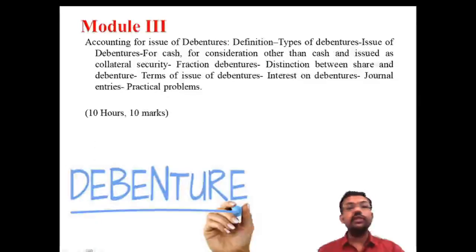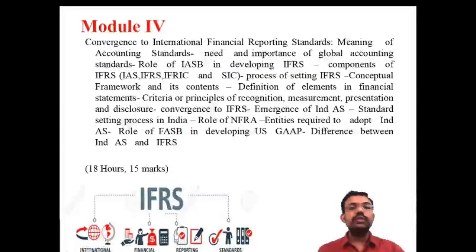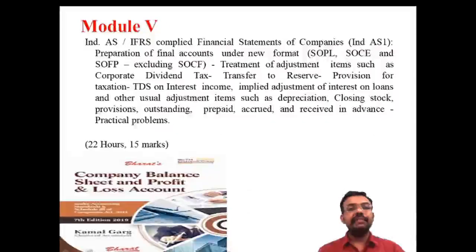The third module is for the issue of debentures, and the fourth module is for IFRS, what it means, the convergence of IFRS, and the generally accepted accounting principles. The fifth is the preparation of financial statements of companies, along with TDS, implied adjustment, closing stock, outstanding, all the important elements of the fifth module.